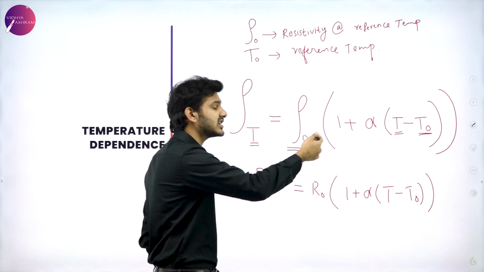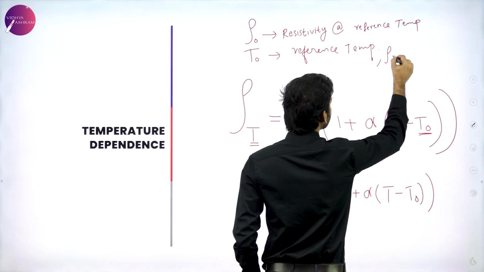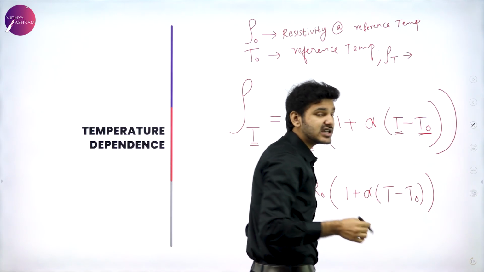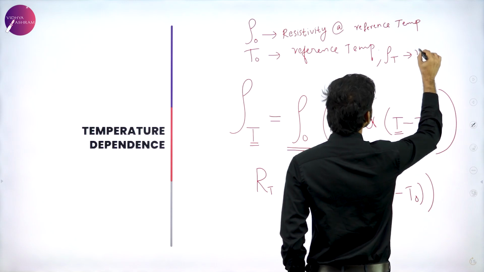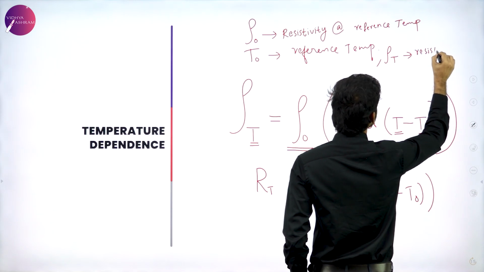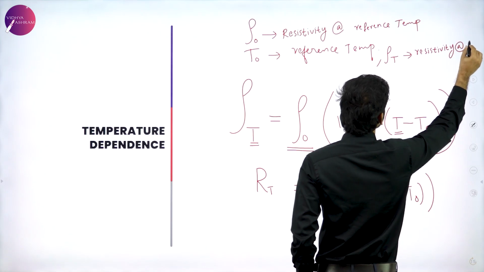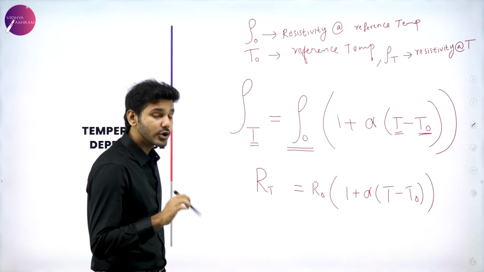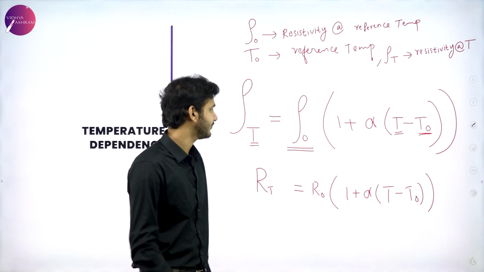So the new temperature is T. Rho T is the new resistivity at temperature T.